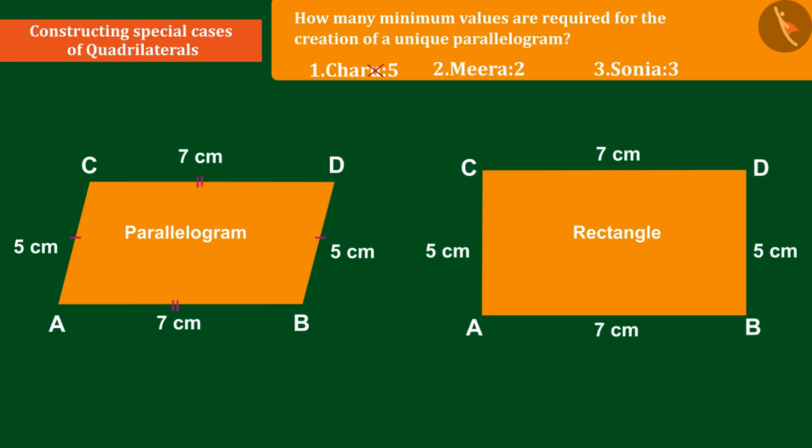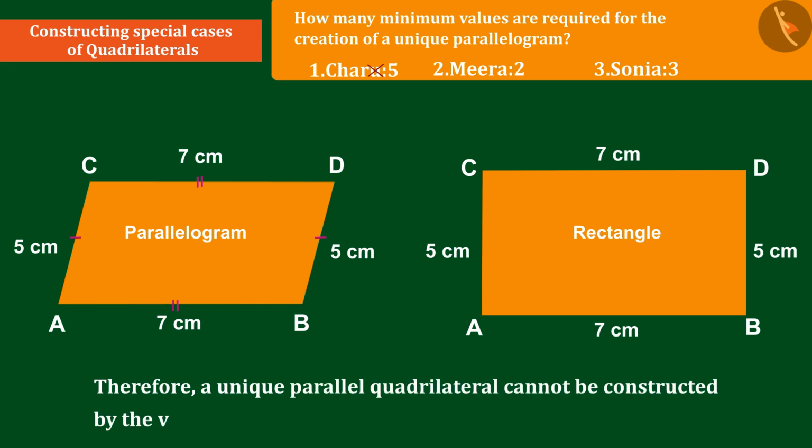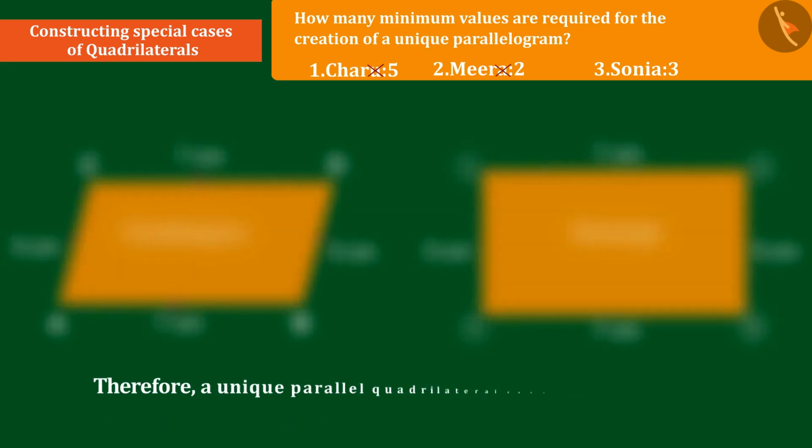So we can say that by measuring the adjacent sides, a parallelogram will be formed, but it will not be unique, because in this way, a rectangle can also be created. Therefore, a unique parallelogram cannot be constructed by the value of adjacent sides only.